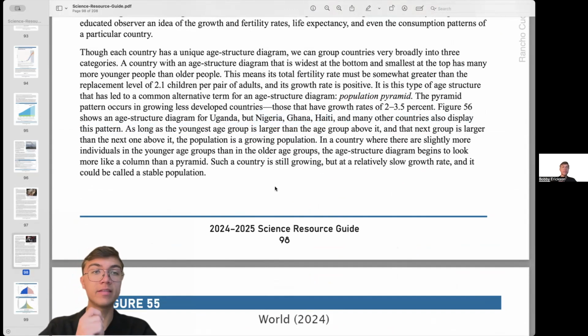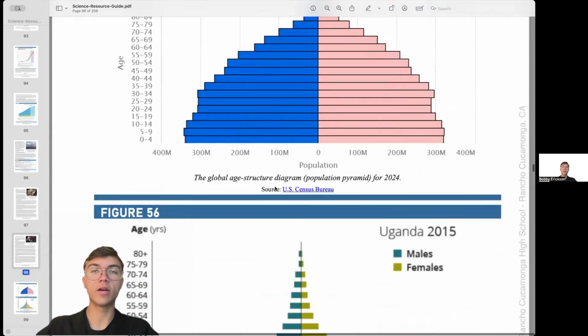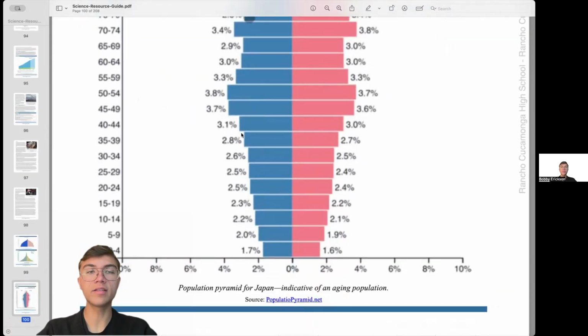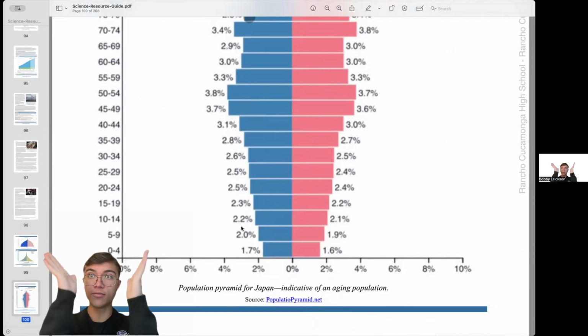Where there are only slightly more individuals in younger age groups than in older age groups, it begins to look more like a column. So I'm going to take a look at Japan here. Notice how this is a lot more flat, or even an inverse pyramid.